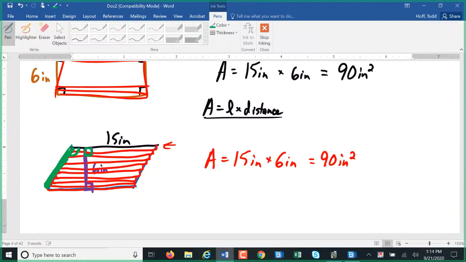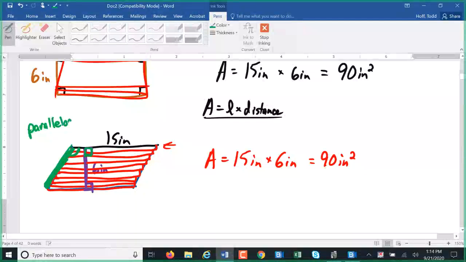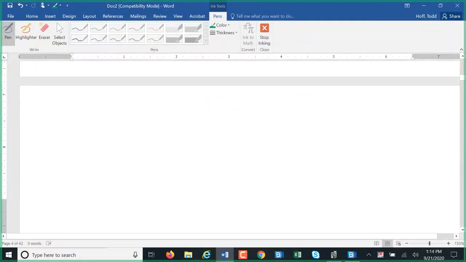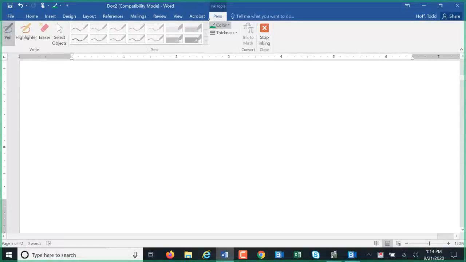But since we can turn that parallelogram into a rectangle, we can use that rectangle formula to find its area.